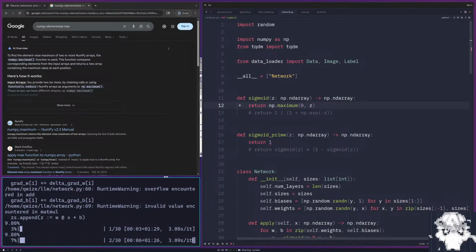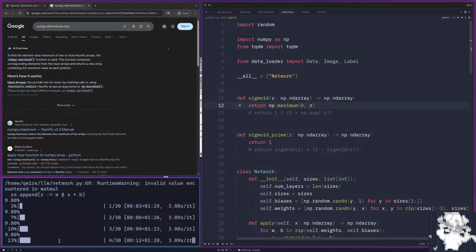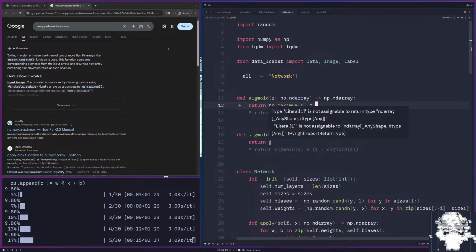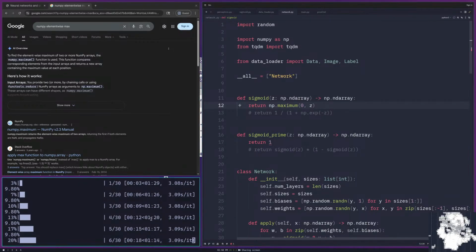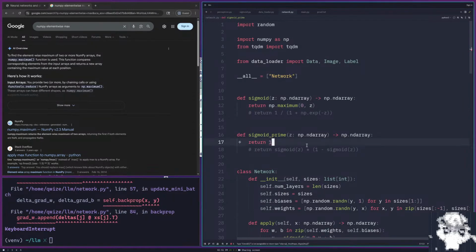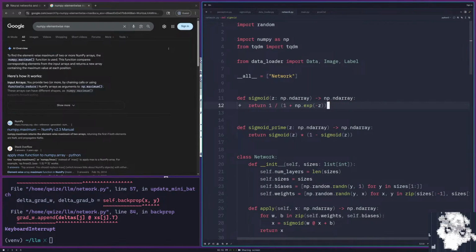No, not working. Oh wait, also, I don't know if 1 is allowed here. It's supposed to be a vector. Whatever. I don't know why my implementation of ReLU is not working.